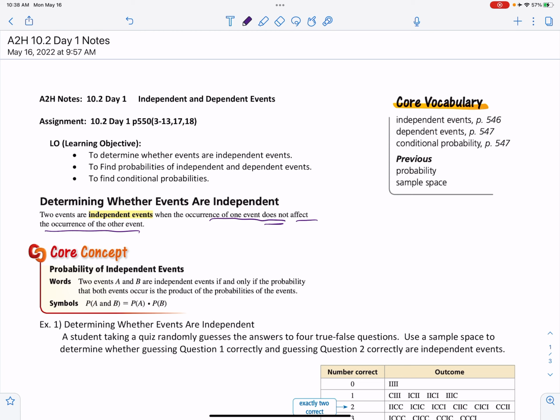Or if I have one die and I roll it once and observe the number, and then I roll it again and observe the number, events on each of those are independent of one another, because the second time I rolled it, I started with the same possibilities as I did the first.